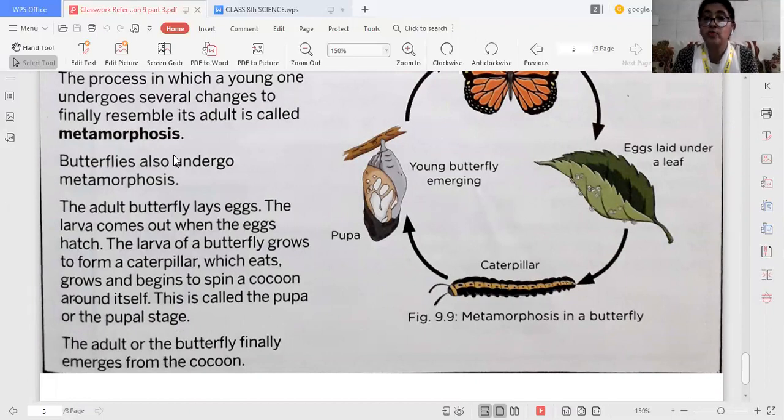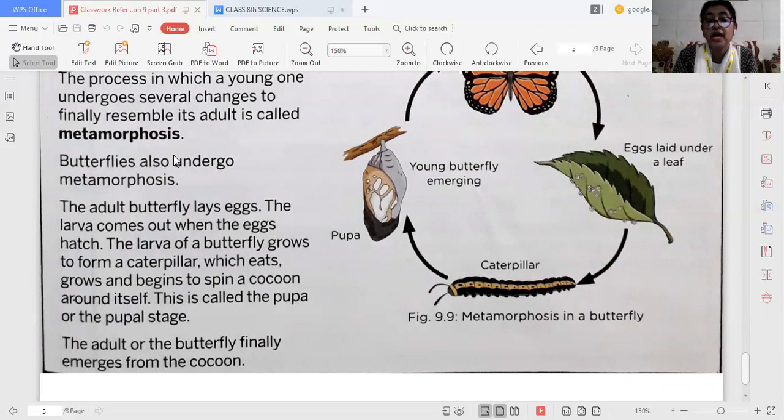In the case of the silk moth also, an adult silk moth lays eggs, which change into caterpillars, then the caterpillar changes into a pupa, which spins a cocoon, and finally an adult silk moth emerges from the cocoon. So this is the life cycle of a butterfly, or how metamorphosis takes place in a butterfly.